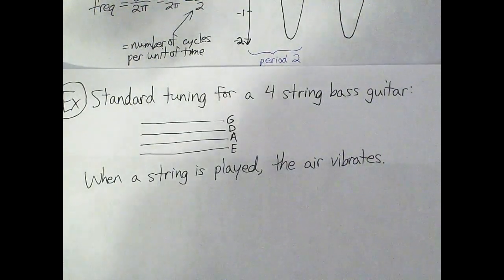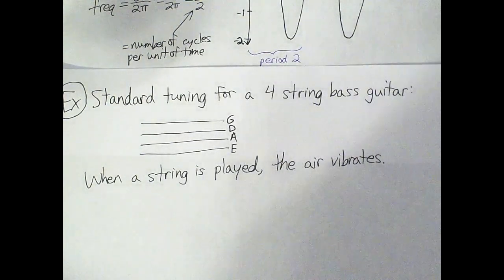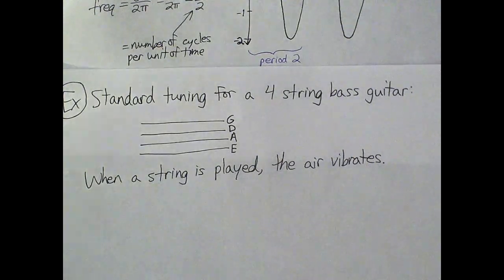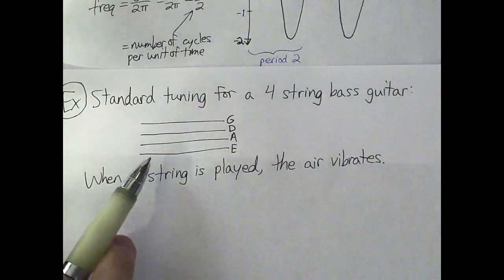So we said earlier that trig functions are well suited for modeling periodic behavior, and the first example we gave was a vibrating spring, and that was a spring, not a string. And now we're talking about a vibrating string.